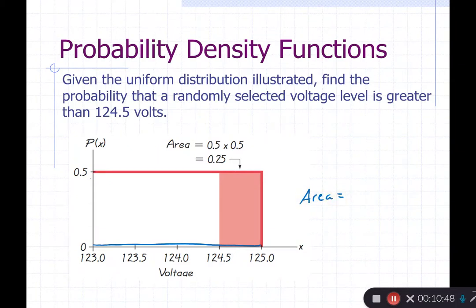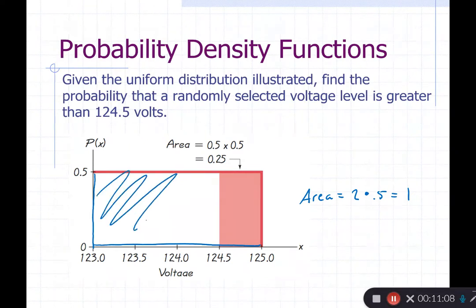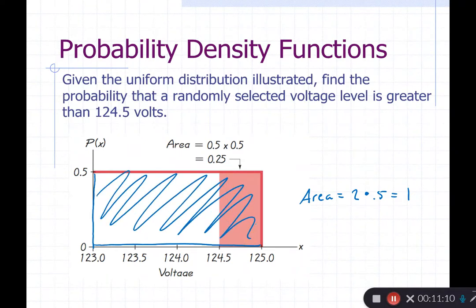And the height is 0.5. So 2 times 0.5 equals 1. So yes, this is a probability distribution, or this is a graph that can be used for a continuous probability distribution because the total area underneath the graph is equal to 1.